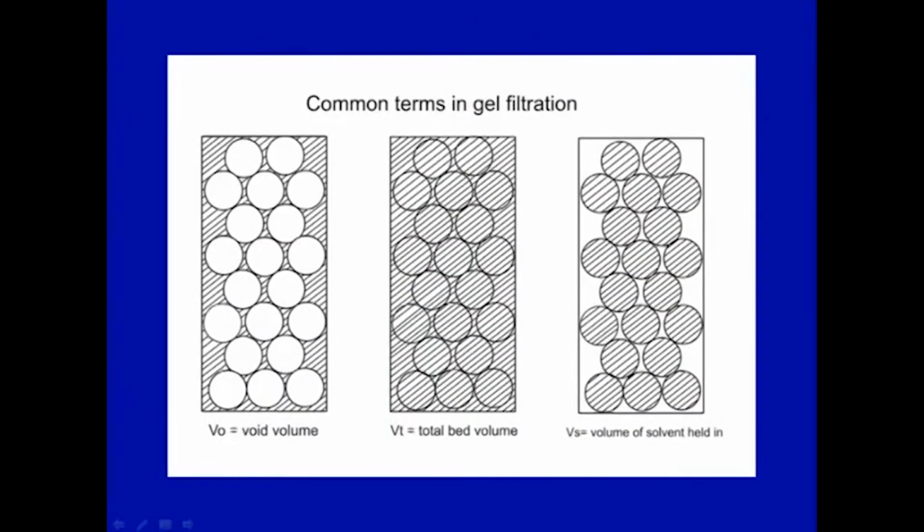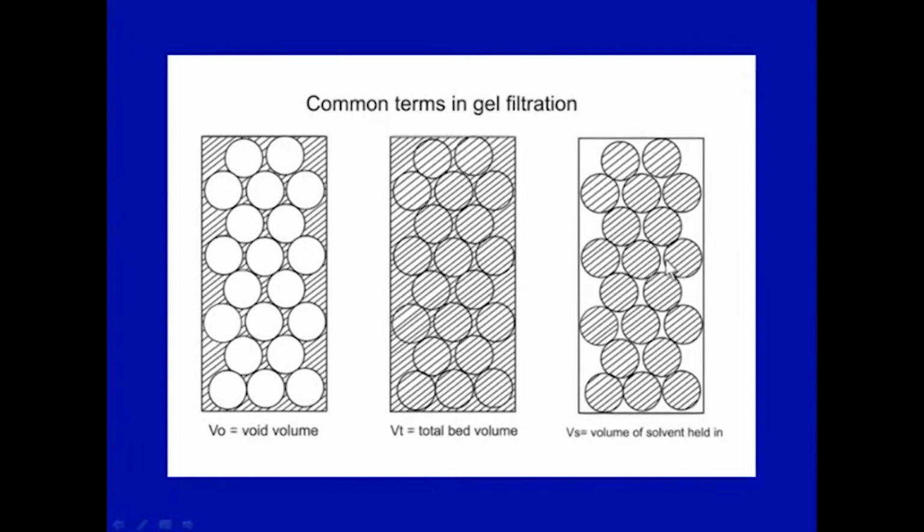Now, what are the different terms in columns? If you see the shaded part here, this is called the void volume. It is the volume outside the support matrix. This is the total volume, taking both the volume outside the beads and inside the beads, that is the total bed volume.